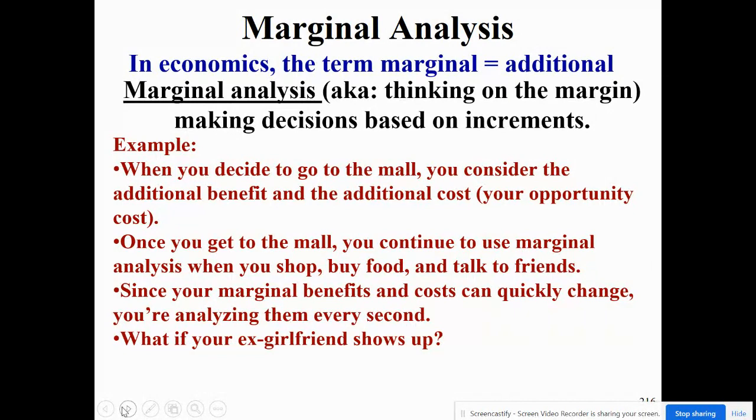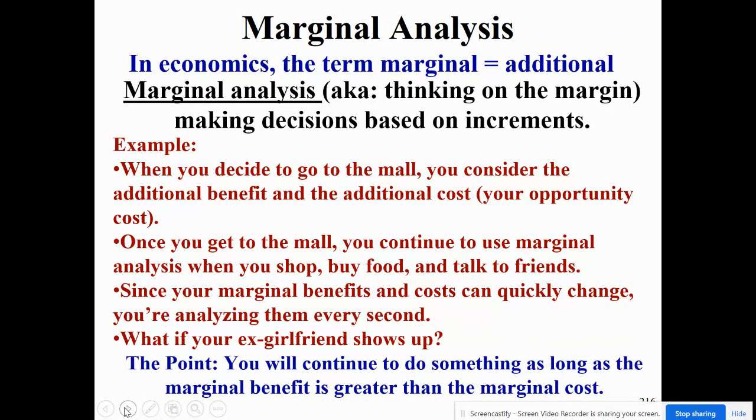Does the cost of maybe running into your ex outweigh your benefits of continuing to stay there? You might want to leave, right? So, believe it or not, this analysis is something that you're going to look at over and over and over again. So, the point is, you will continue to do something as long as your benefit is greater than your costs. If the cost exceeds your benefit, then obviously you're not going to buy that or do that.